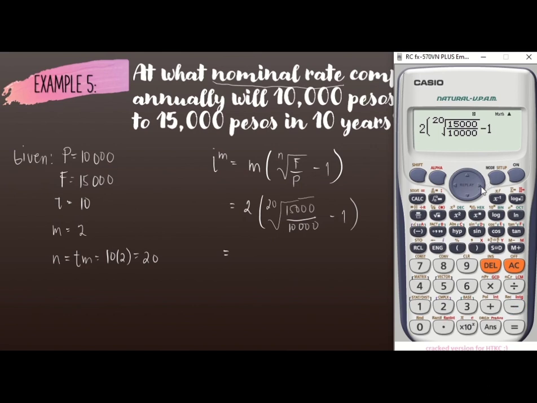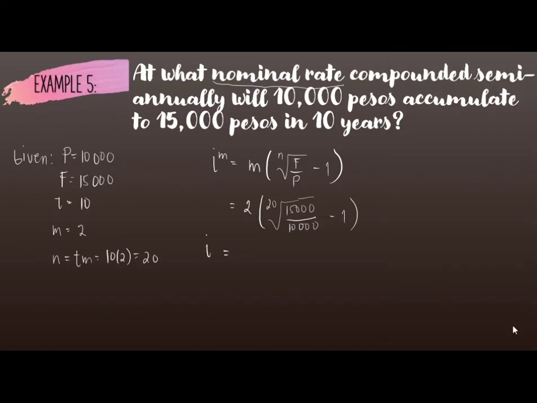Make sure na nasa labas yung 1 ha, hindi siya kasama doon sa radical sign. Then, equal. So, makukuha natin ay 0.04. So, yung interest rate or nominal rate natin, 0.04. Since rate yan, kailangan naka-percentage. So, multiply natin sa 100. Okay, so, makukuha is 4%. So, ito yung ating nominal rate.